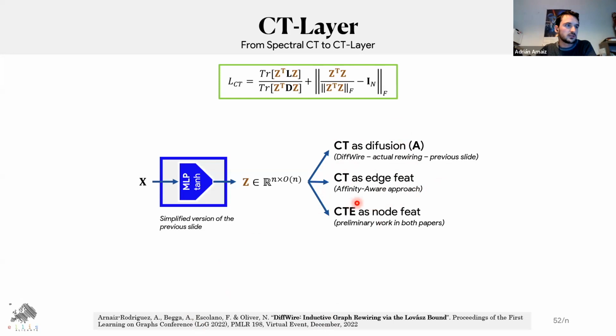There's a paper that's affinity aware that uses it, I think it's cited in the previous slide. Sorry, it should be cited here, but it's cited in the presentation. Or you can use it as a node feature, because it's a node embedding, as a positional encoding. But with the difference that the positional encoding is learned rather than pre-computed.